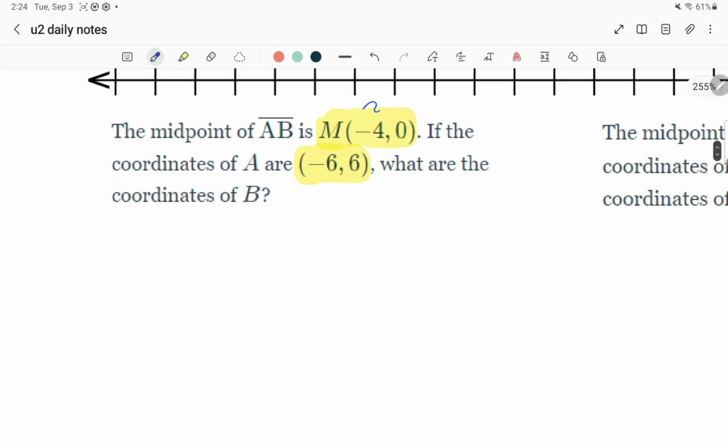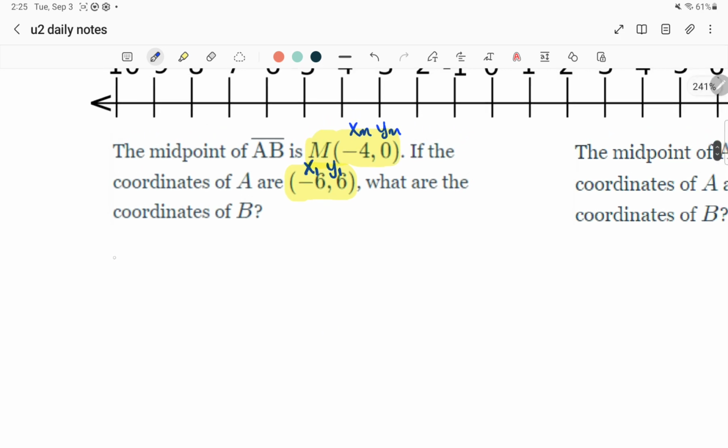So midpoint, this is going to be xm, ym, right? X value of the midpoint, y value of the midpoint, and x1, y1. So I'm going to use the same formula that I did just up there with the midpoint formula, except I'm going to plug things in a little bit of a different way.